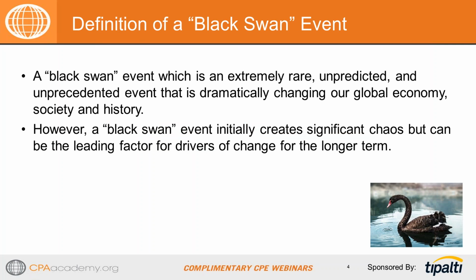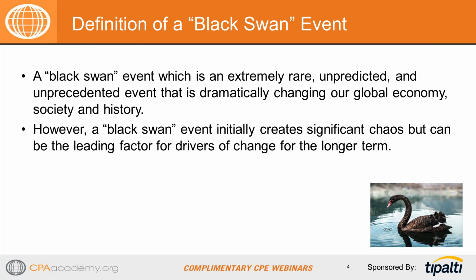As we define AP automation, we're in what we would call a black swan event. And a black swan event, of course, with COVID-19, is extremely rare, unpredicted, and unprecedented, and it's dramatically changing our global economy, society, and history.